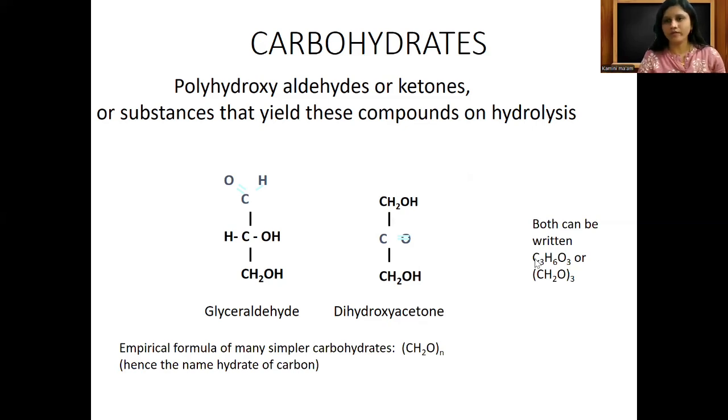The molecular formula of these two carbohydrates, that is aldose glyceraldehyde and ketose dihydroxyacetone, is C3H6O3, or it can be written as (CH2O)3. So the empirical formula of many simpler carbohydrates is CnH2nOn. Hence the name hydrate of carbon is given to the carbohydrate.